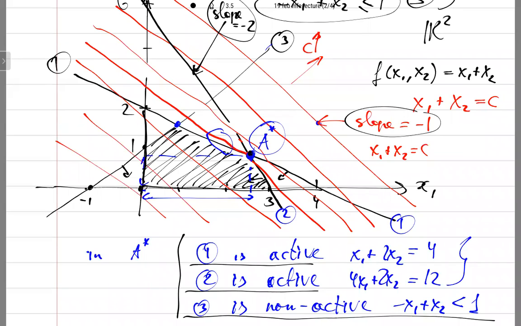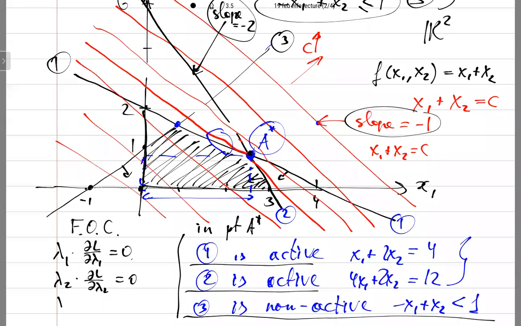But in first order condition, we should have something like lambda times dl d lambda should be equal to 0. In first order condition, we have equations like that.